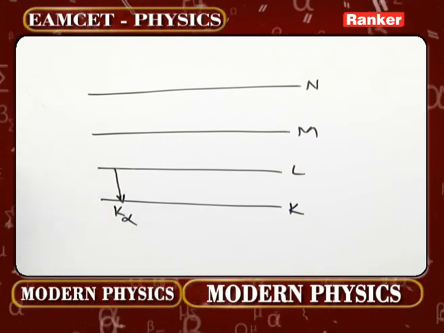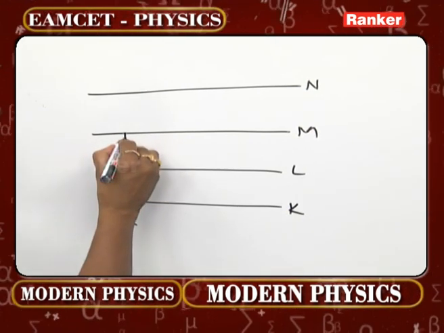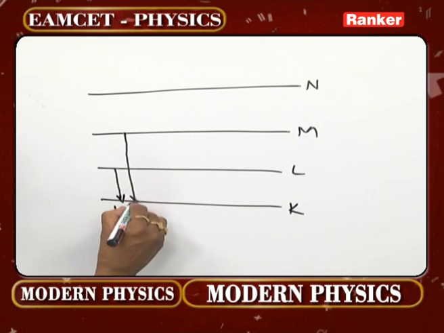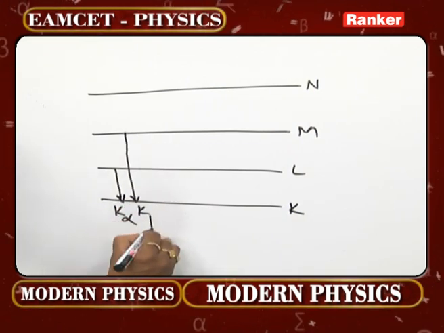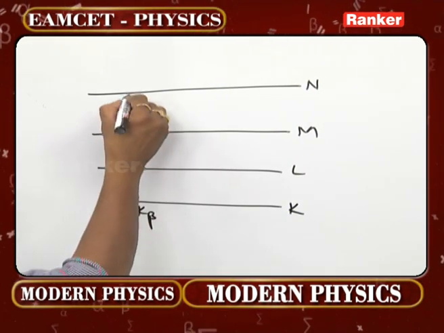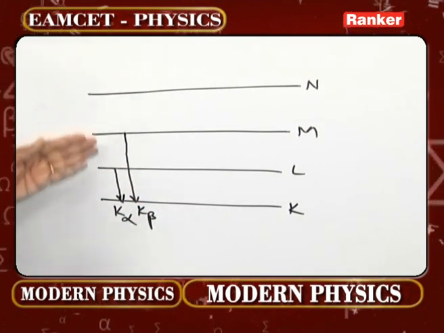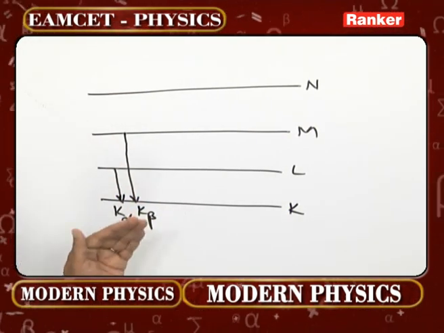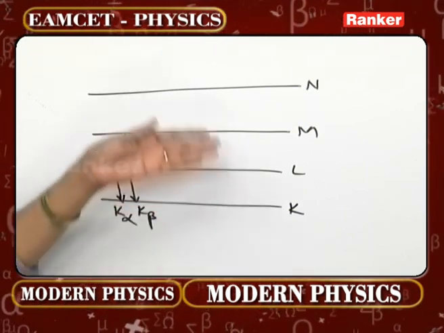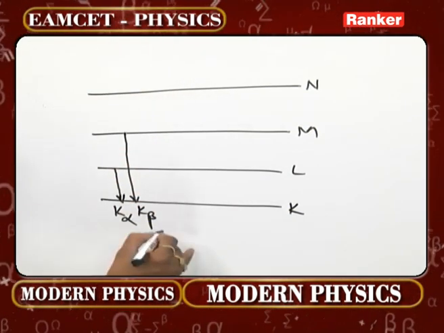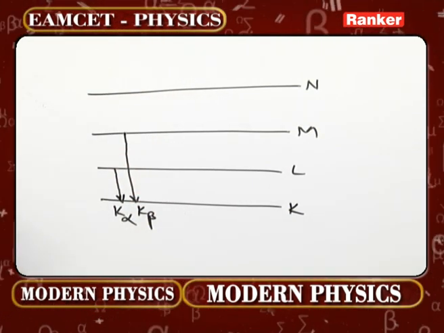Remember this concept thoroughly. If the transition takes place from M to K, that is called K beta. If the transition is from N to K, K gamma, K delta, K epsilon and so on, this is what is called K series spectral lines.